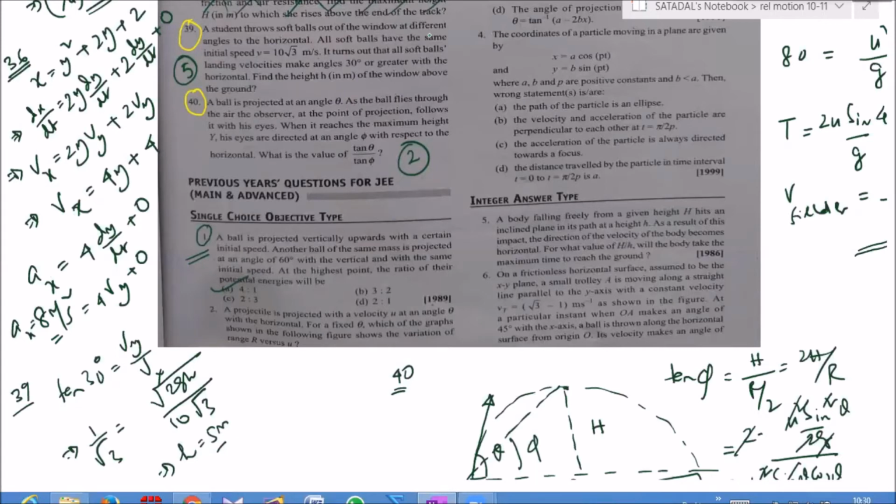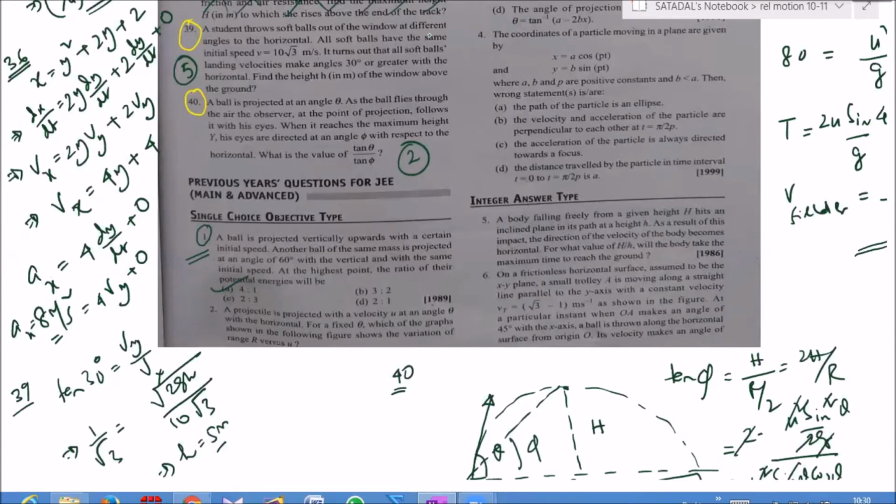Yes, Sujit? Sujit, tell me. Rishikesh? Yes, sir. I also got that only. Very good. Yes, correct. Very good, Sujit.